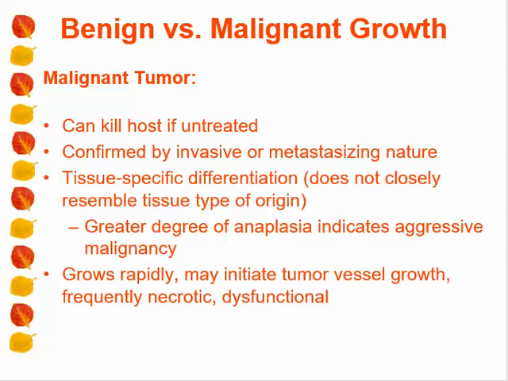Sometimes these things grow so fast that they outstrip their ability to have nutrients in their center, and they often become hollow and necrotic. They're always dysfunctional if it's malignant.